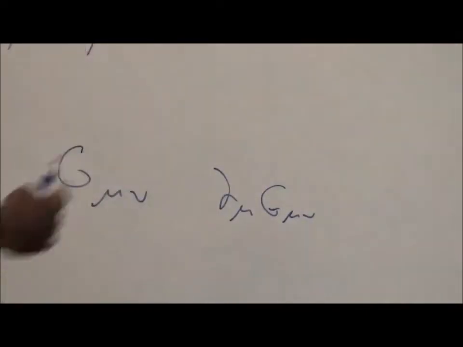Those derivatives will organize themselves into things that you're familiar with in terms of the Riemann tensor and things like that. But at the end of the day, you're going to write down space-time equations of motion that will generalize the space-time Einstein equations.